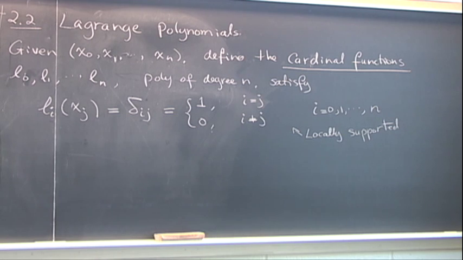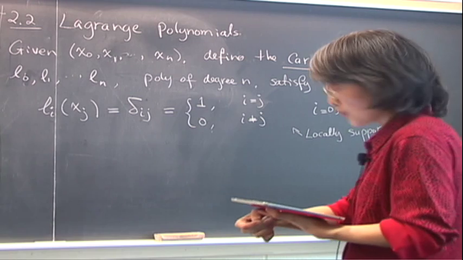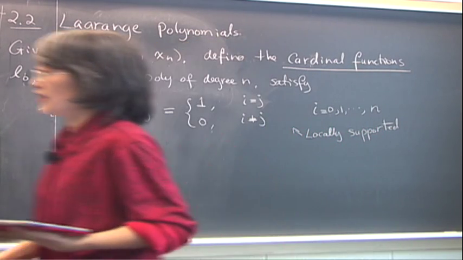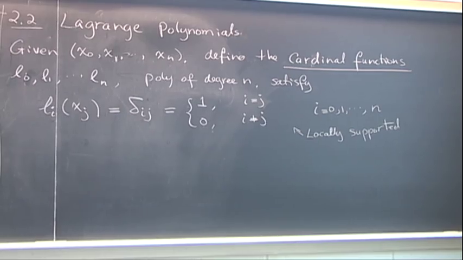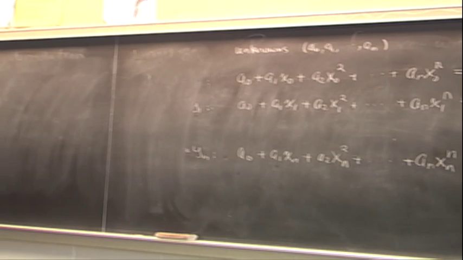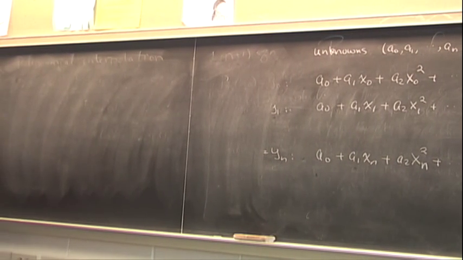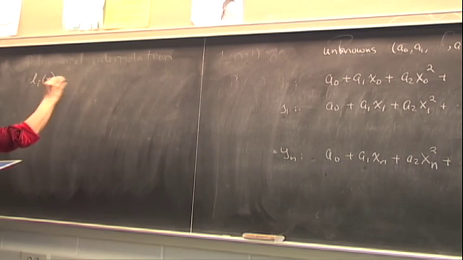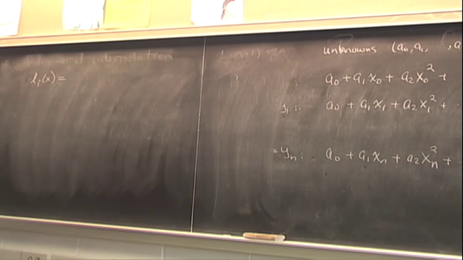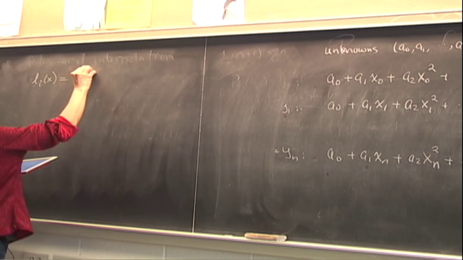Okay, so now what I will do next is write out exactly what these cardinal functions will be, because we know they are polynomials of degree n, and we know exactly what they are. So Li of x, the ith cardinal function associated with xi, takes the following form.